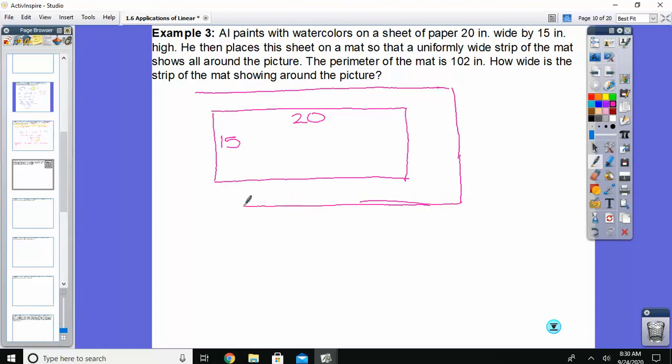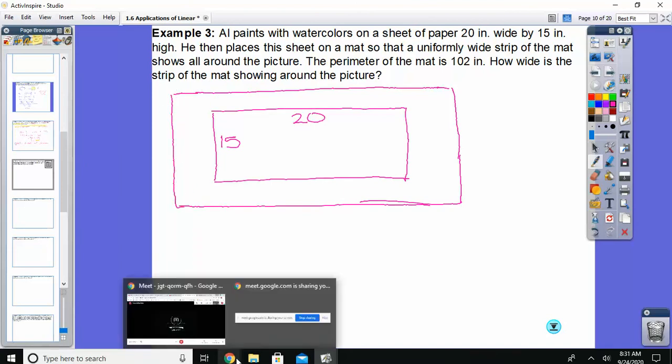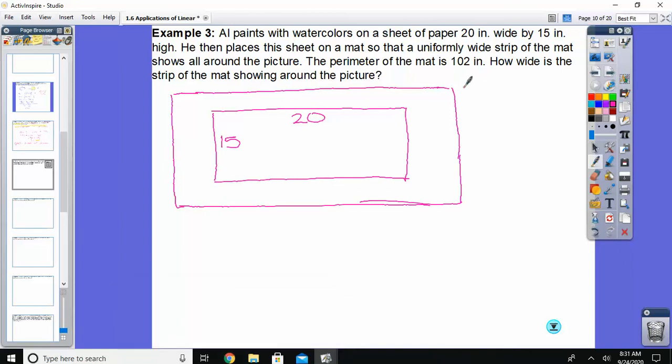You can draw straight lines, that helps. We'll pretend. Okay. The perimeter of the mat is 102. We know perimeter is the distance around, so I'm talking about this total distance on the outside.